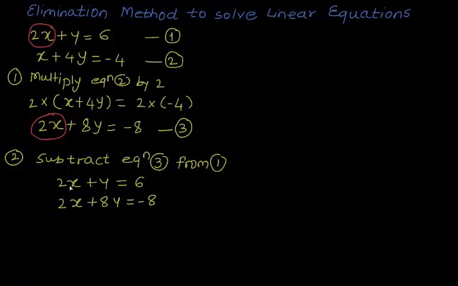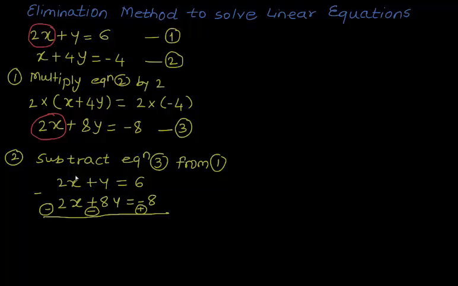Now to remove 2x, we need to subtract both the equations. So let's subtract. In the elimination method, we write one equation below the other to make the subtraction easy. So plus will become minus, and minus will become plus in this case.